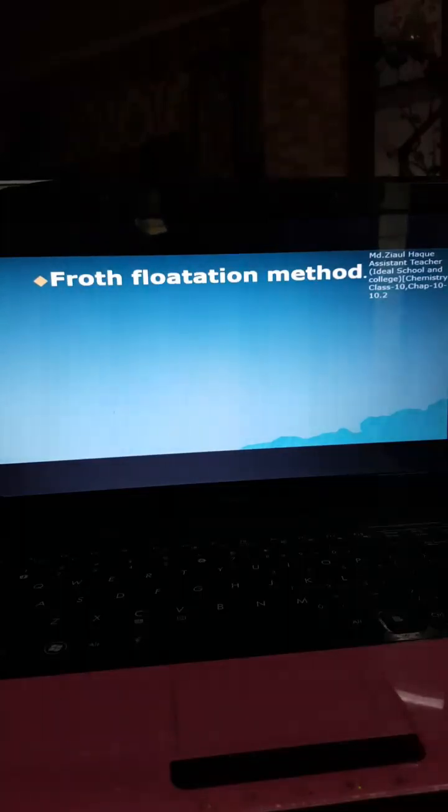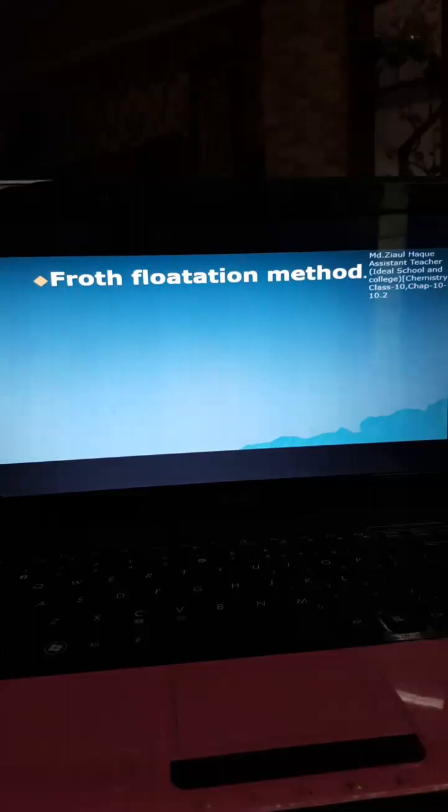To avoid the gangue, we have to apply processes like the hydraulic method, froth flotation method, magnetic separation method, even chemical processes. Now, the froth flotation method you can see easily. For which cases can we apply this process?